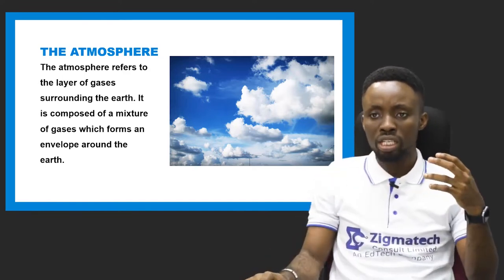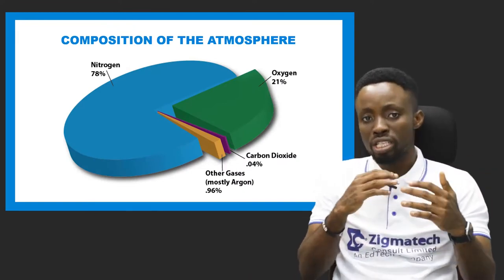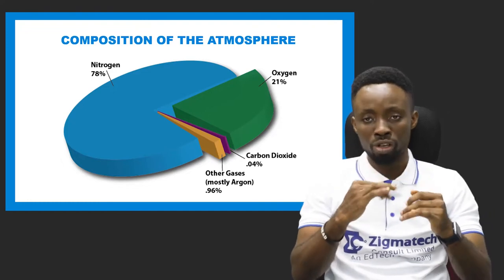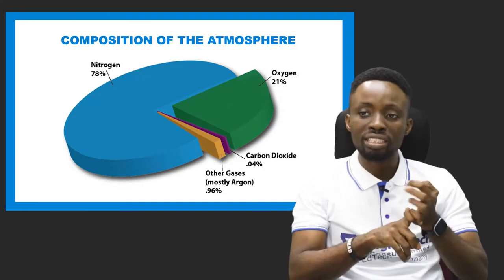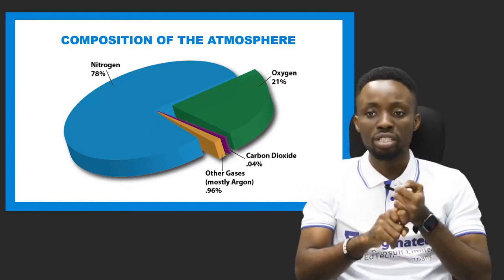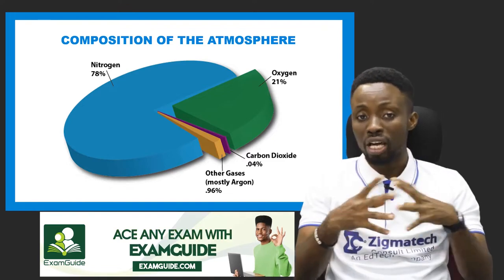And we need to look at the composition of the atmosphere. So the atmosphere is majorly made up of nitrogen. Then we have oxygen, and we have other gases and carbon dioxide. Now nitrogen actually has the highest percentage of the atmosphere.